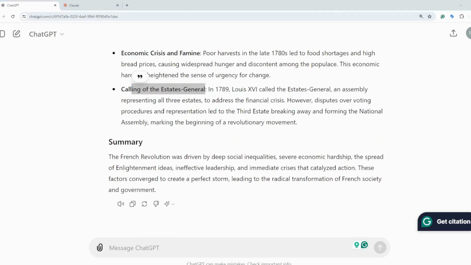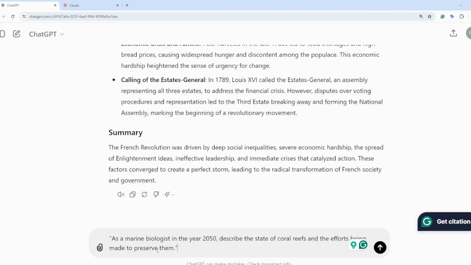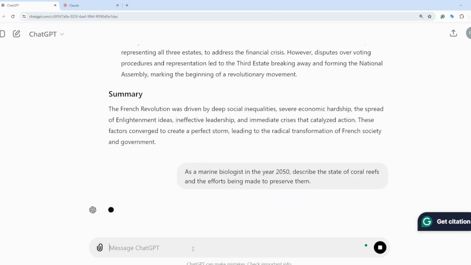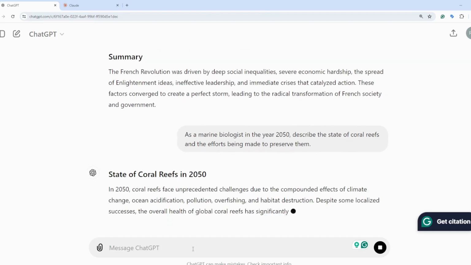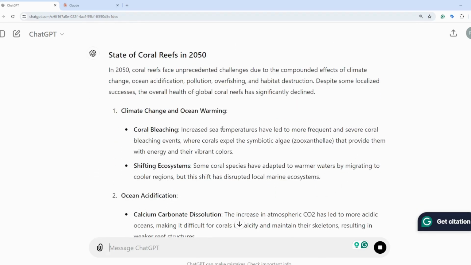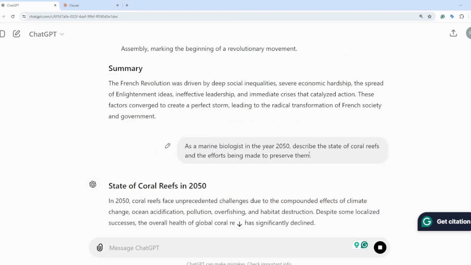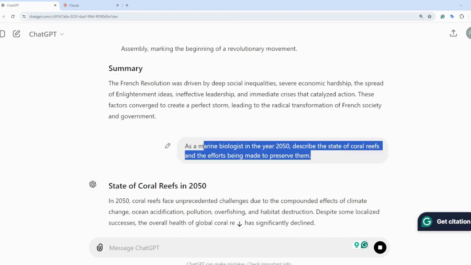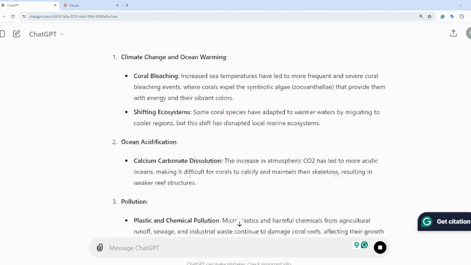The next one is role-related, where we give a role to the AI system. Let's say we tell it: as a marine biologist in 2015, describe the state of coral reefs. This may be very technical, so let us see what we get. We didn't give any close-ended restriction here, so it's giving us an open-ended answer again.